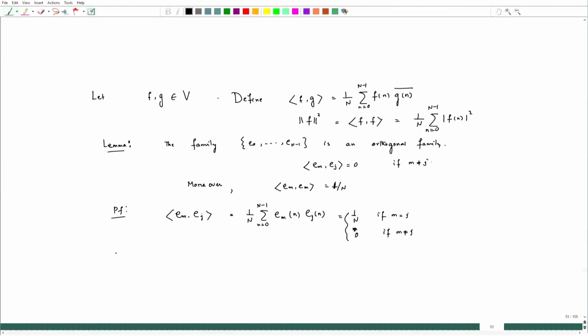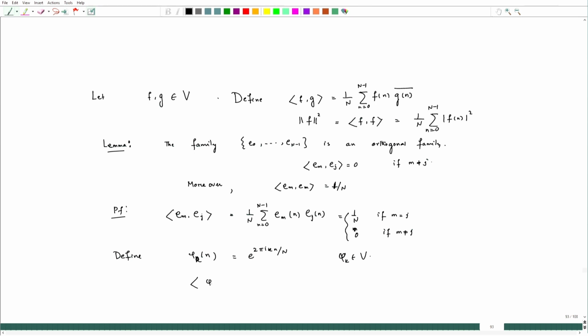So, similarly define phi_k(n), which is equal to e to the power 2 pi i k n by n. Now, whether this is orthogonal: obviously, all these phi_k belong to V.